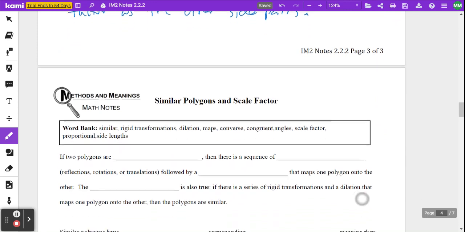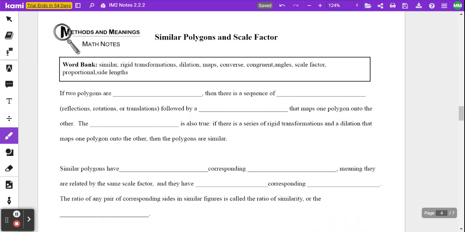Okay, let's continue. Let's write a little summary of the day. If two polygons are similar, then there is a sequence of rigid transformations followed by a dilation that maps one polygon onto the other. The converse is also true.